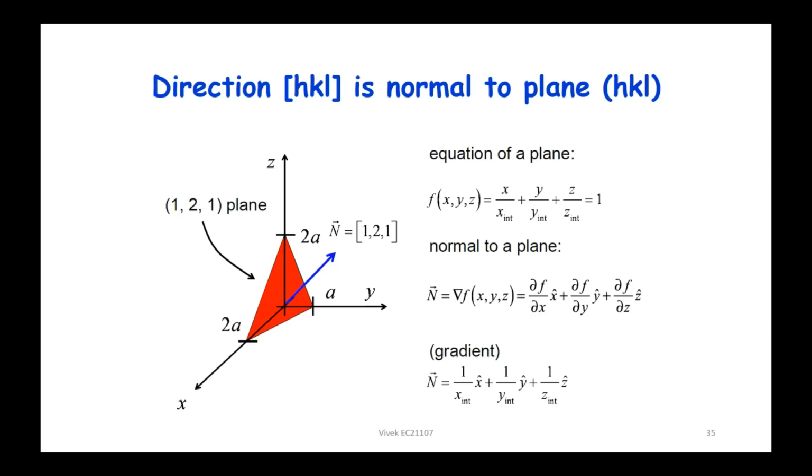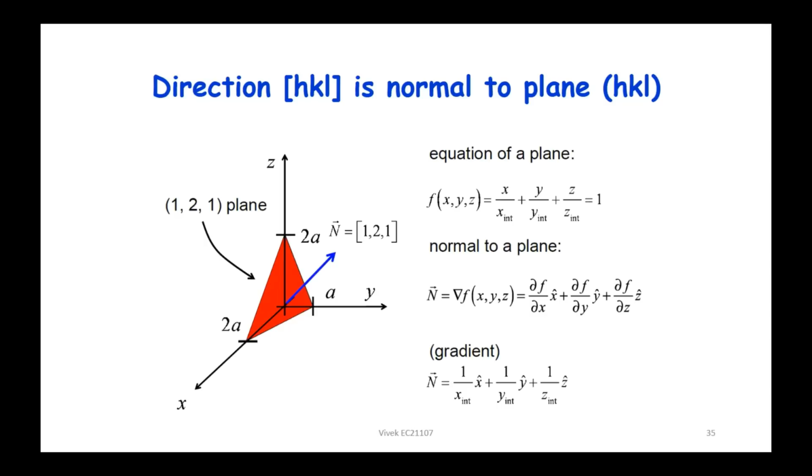So you can note here that 1 by x intercept, 1 by y intercept, 1 by z intercept are the coefficients of the equation of the plane, and they are also the coefficients for the gradient. So they basically give the same plane and the same normal to the plane. So they are described by the same hkl values.